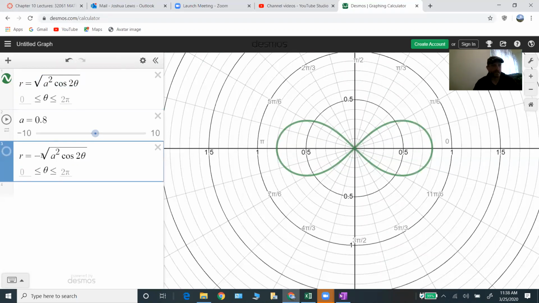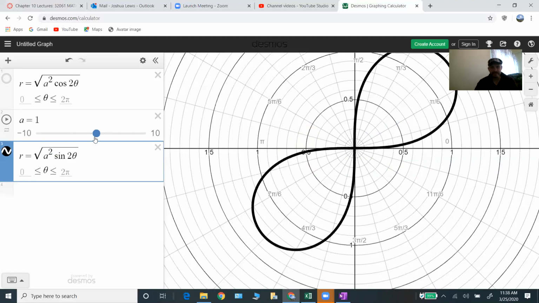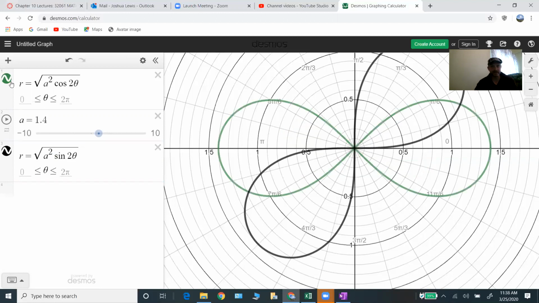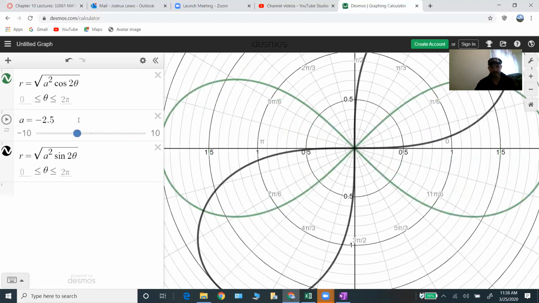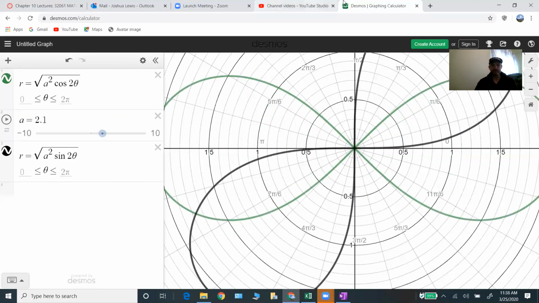And when I change this to sine instead of cosine, you can guess what's going to happen. Yeah, see, it's oriented this way. And what does A do? Well, A just elongates it, right? In either case, A is just going to elongate this thing. Okay. All right. So those are lemniscates.